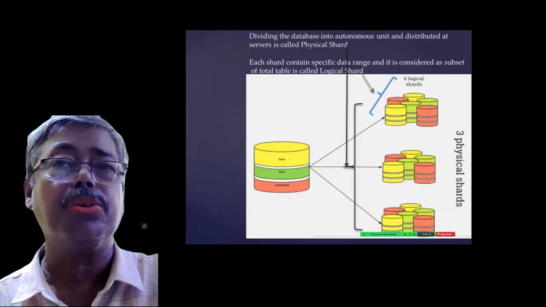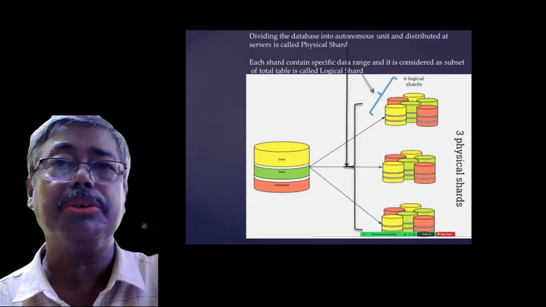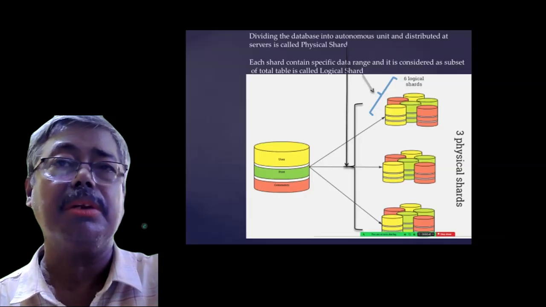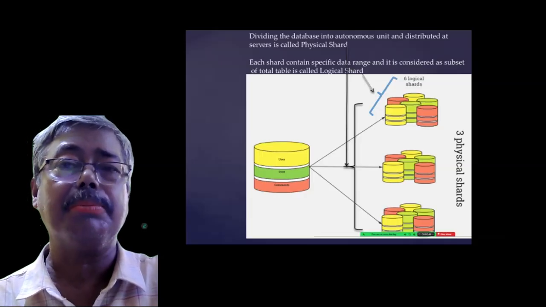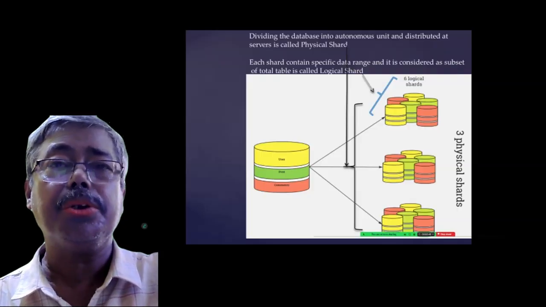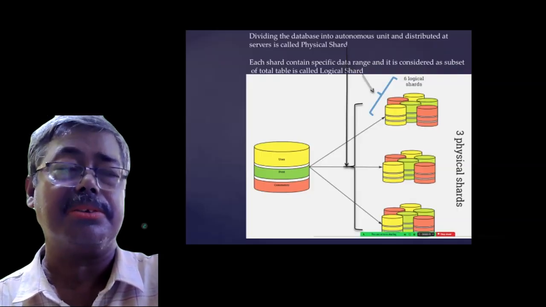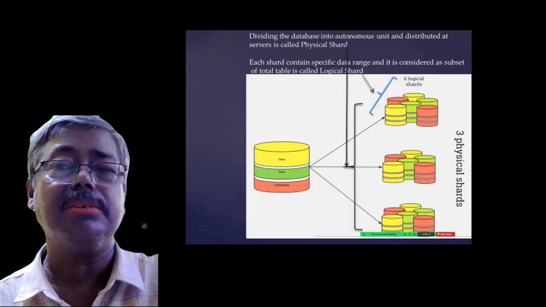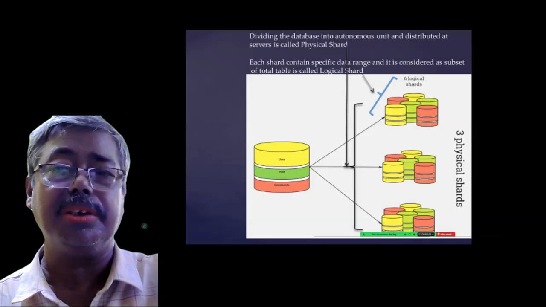Dividing the database into autonomous units and distributing them on servers is called a physical shard. Suppose we have decided to divide the database into three shards: shard 1, shard 2, and shard 3.